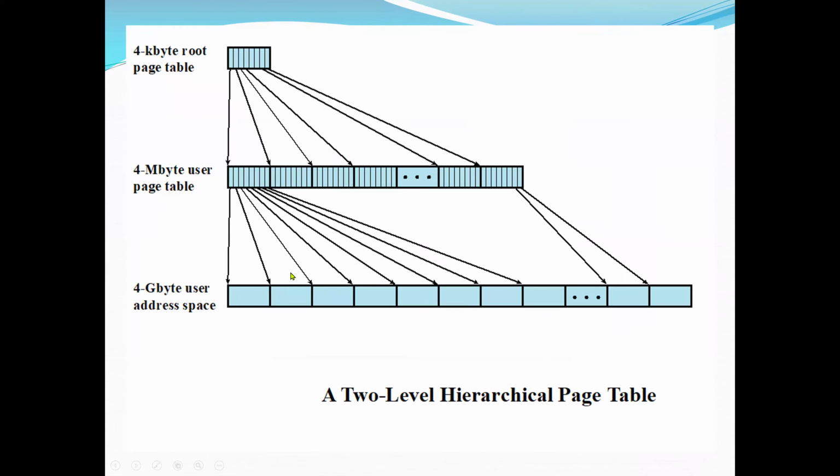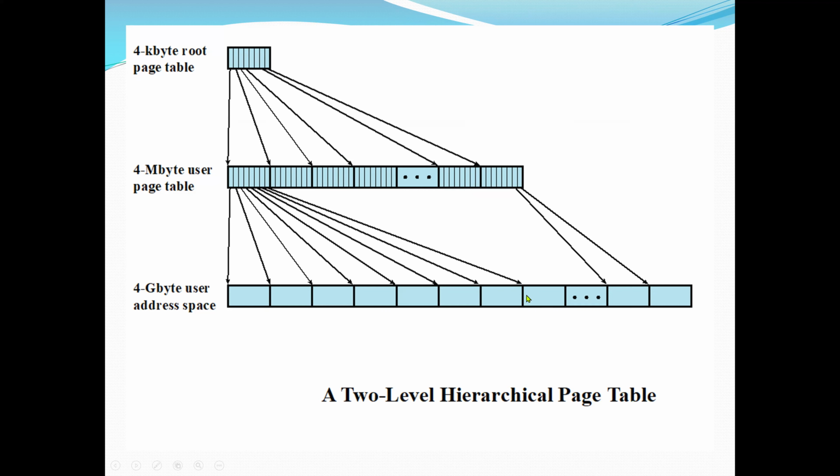The diagram here also shows an example of a two-level hierarchical page table. This is normally used with a 32-bit address. If we assume byte-level addressing and 4 kilobyte pages, then the 4 gigabyte virtual address space is composed of 2 to the power 20 pages.